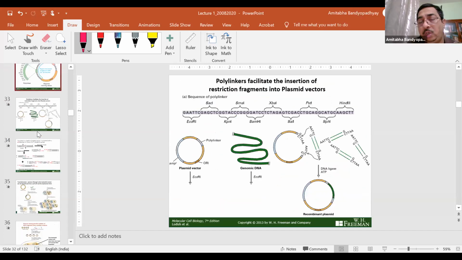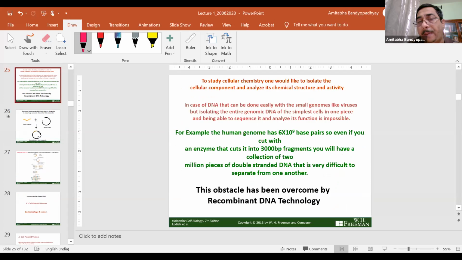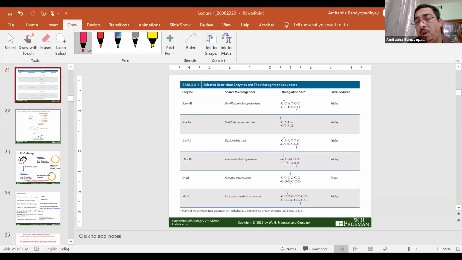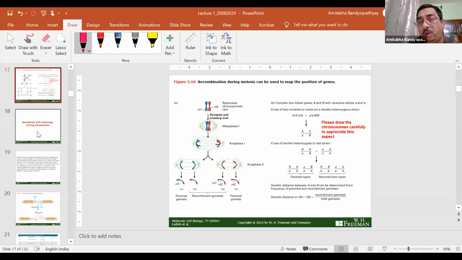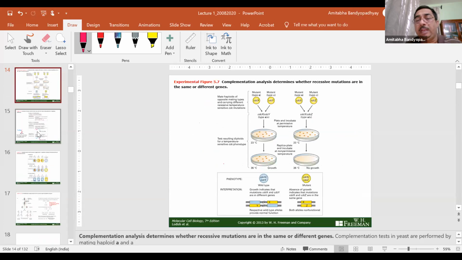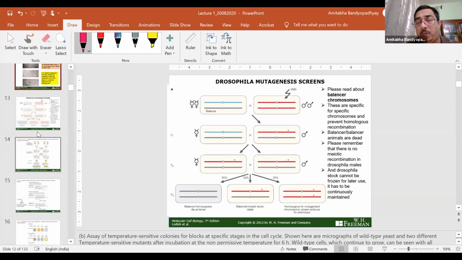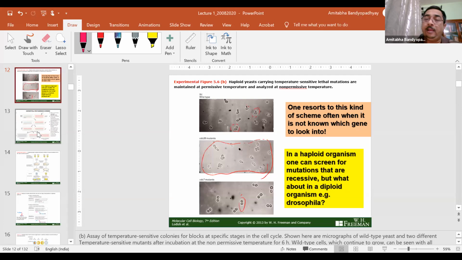So you understood the whole pathway, right? The whole path, the way we want to go. I will quickly recapitulate it for your understanding. It does not matter whether it is a temperature sensitive mutation or an auxotrophic mutation or something else.